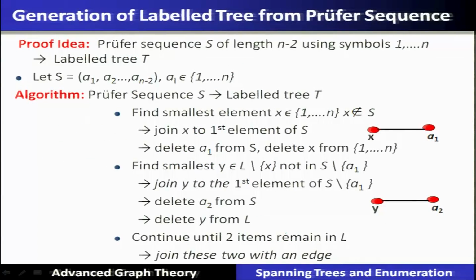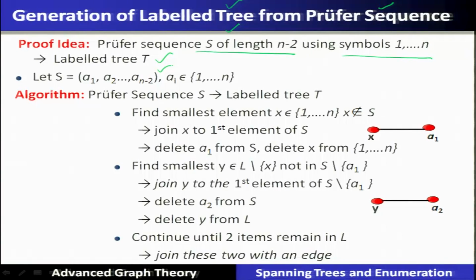So, before we go ahead, let us see that if you are given a Prüfer sequence, how we are going to generate a labeled tree from the Prüfer sequence. Let us see the proof idea. Let us assume that the Prüfer sequence of length n minus 2 is given using these symbols 1 to n, then we are going to generate a unique labeled tree T. Let us assume that S contains a1, a2 and so on up to a n minus 2.